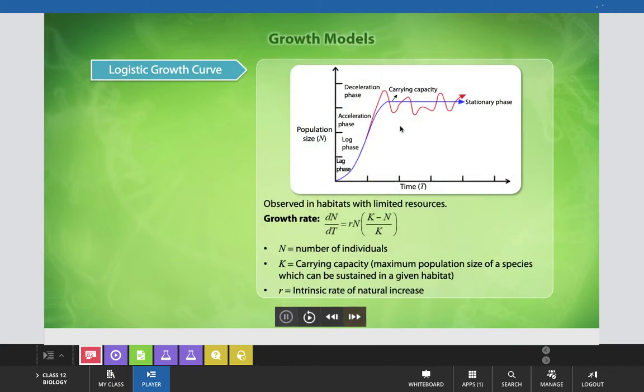Now, when we compare both these growth models together, you can see here logistic growth curve observed in habitat with limited resources.